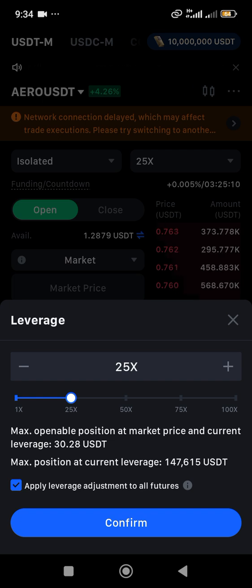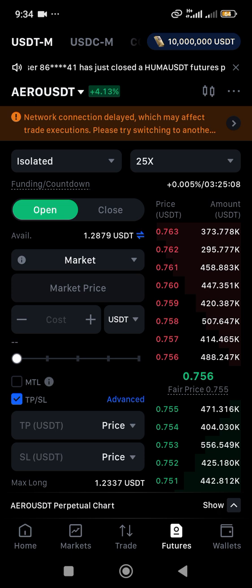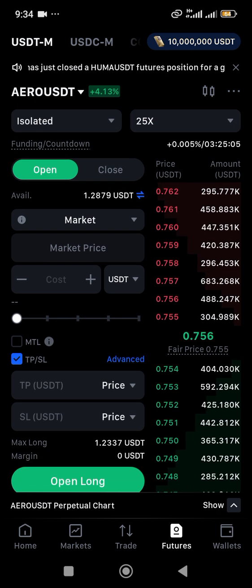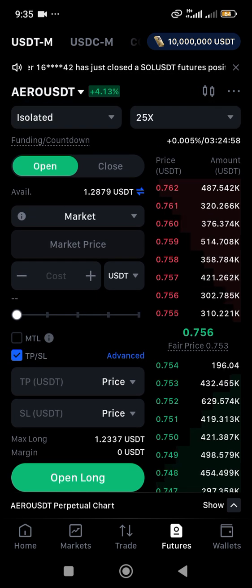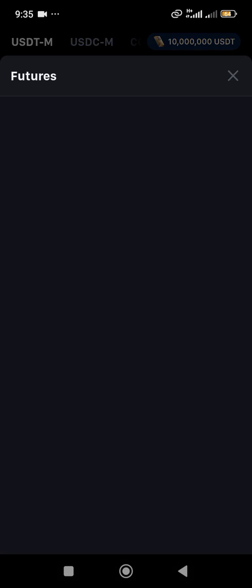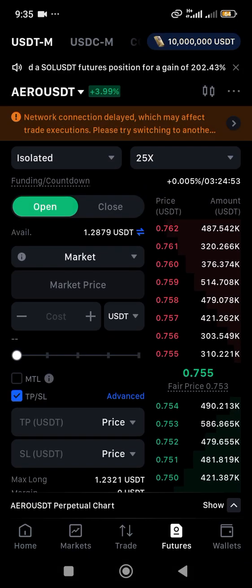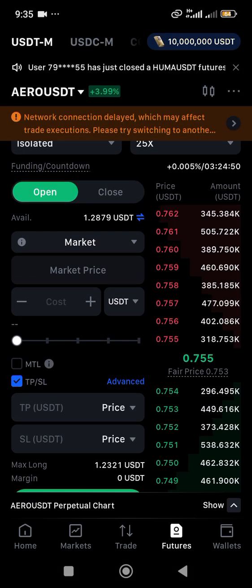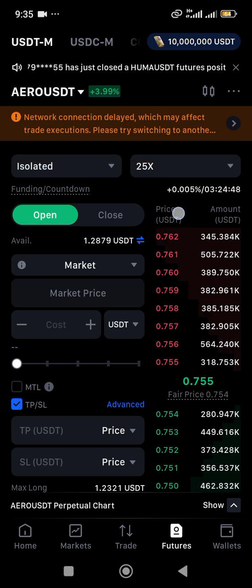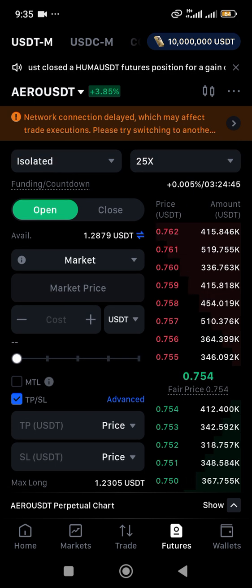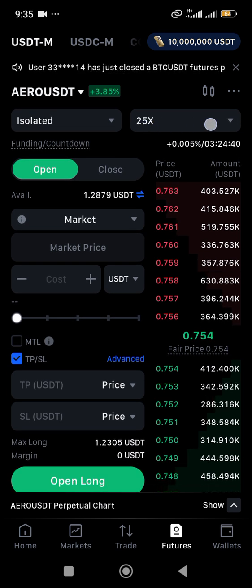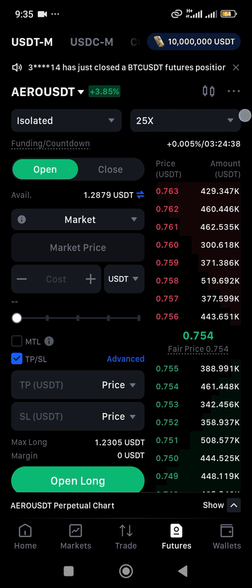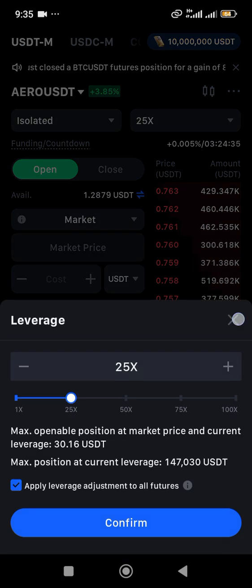Let's assume I have 1.2 USDT here, and I want to trade this token with this 1.2 USDT. I now decide to use 25 times leverage for this trade.